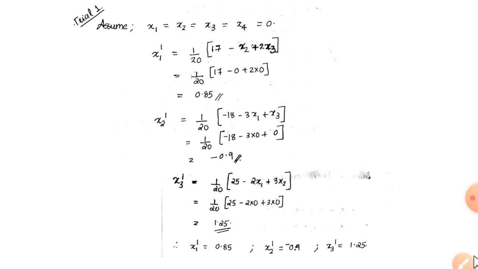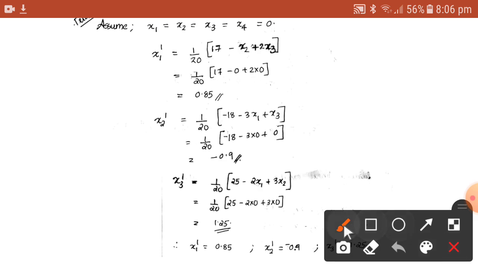Now in trial 1 we are assuming x1 equal to x2 equal to x3 equal to 0. Then, by substituting these values of x1, x2, x3 equal to 0 in the above equations 1, 2 and 3, you get x1 dash equal to 1 by 20 into 17 minus x2 plus 2x3.